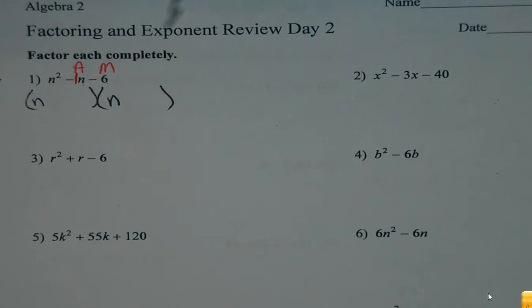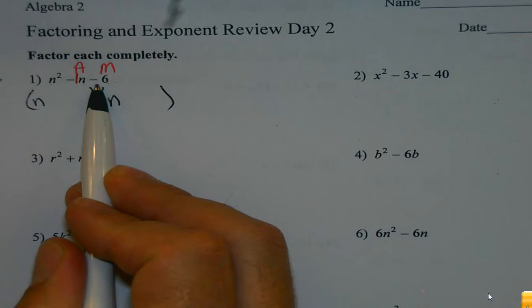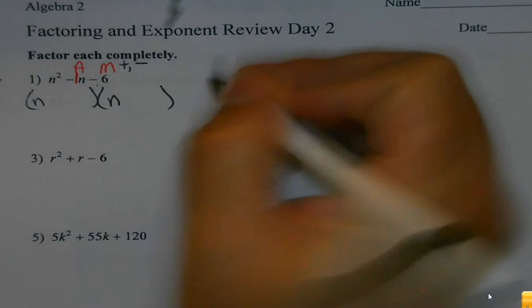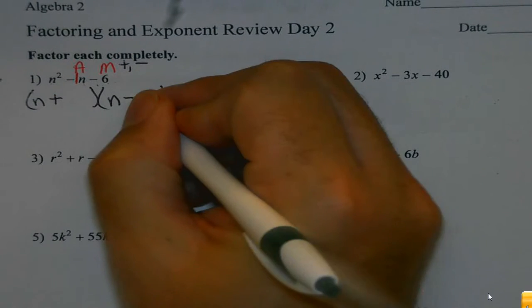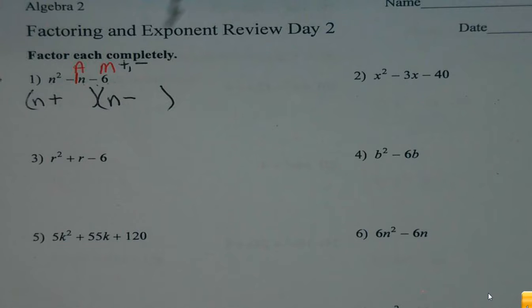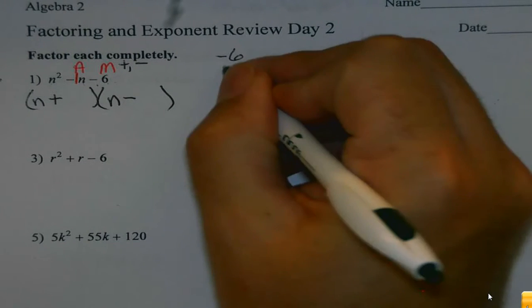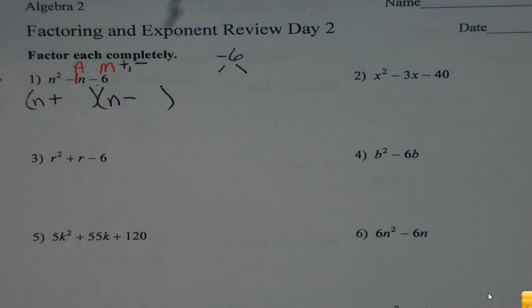Now, I did have a good suggestion later in the day, because I talked with you yesterday about, hey, we can figure out our signs ahead of time. Okay, if it's a negative multiply number, we're going to have one of each sign. So I'm trying to figure out 2 numbers that are going to multiply to -6, but are going to add up to -1.